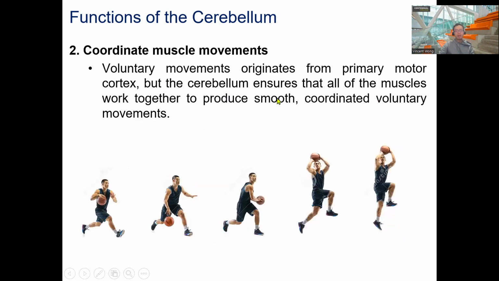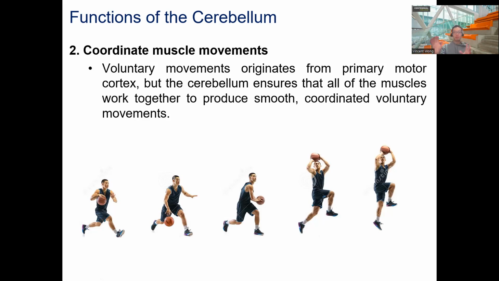Next one is coordinating muscle movement. Think about a basketball player trying to do a layup: dribbling the ball, keeping the eyes on the rim, and eventually jumping and putting the ball in the hoop. All that requires coordination of your muscles. Not just your hand dribbling the ball, but your feet, and when to jump. If you jump too early, you're going to miss the ring. If you jump too late, you're going to miss it.